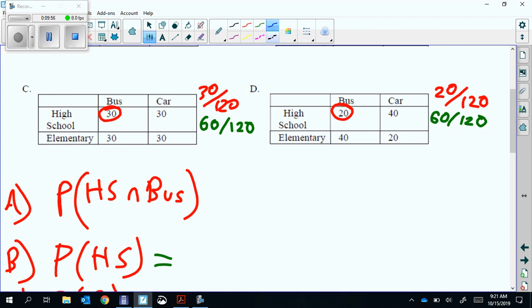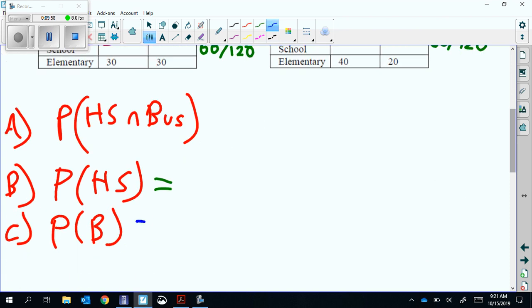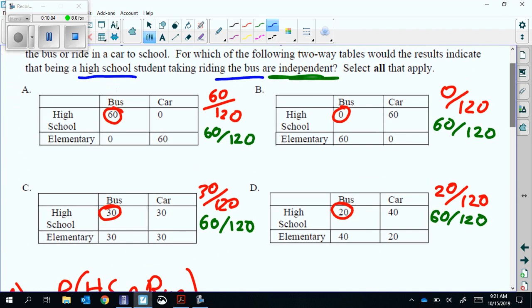And then the last part here is just bus rider. So when we just look at bus riders, this is 60. Bus riders, that's 60. Bus riders, that's 60.